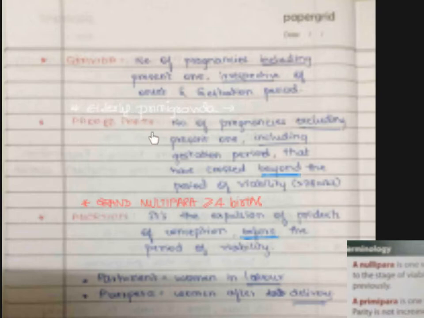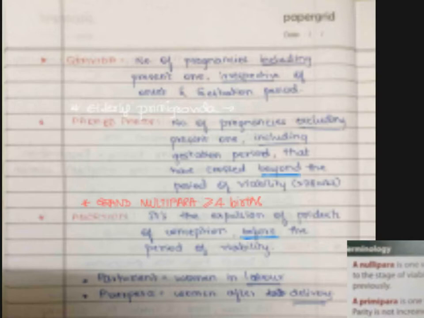Coming to the para, also called parity, it is the number of pregnancies excluding the present one, but including the gestation periods that have crossed beyond the period of viability. In India, the period of viability is greater than 28 weeks. And grand multipara is a woman who has given a minimum of four childbirths.